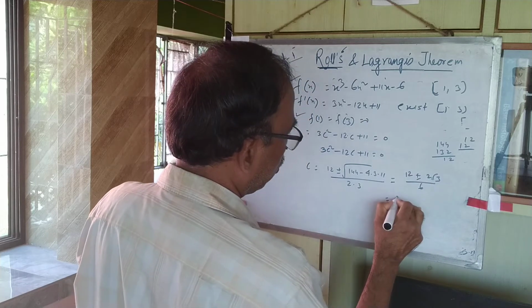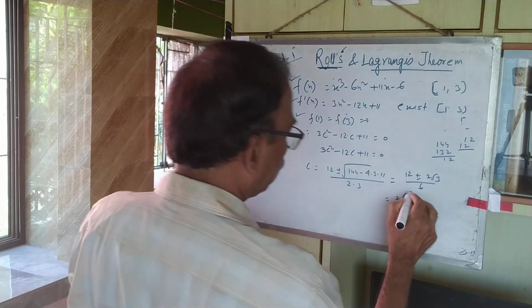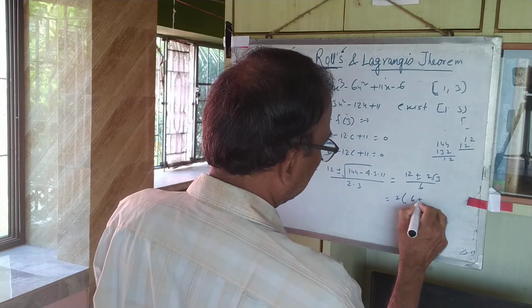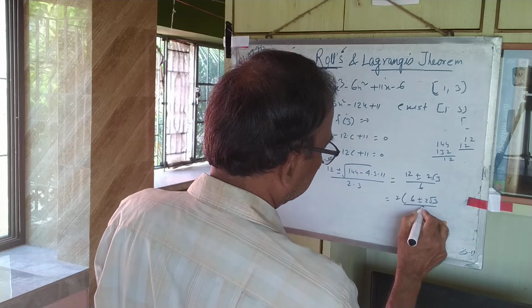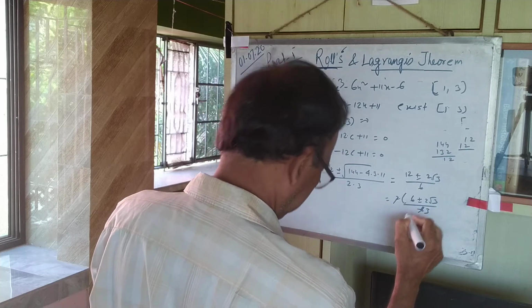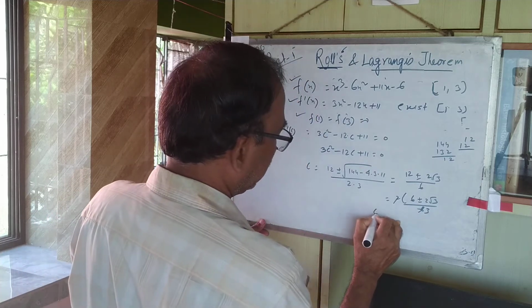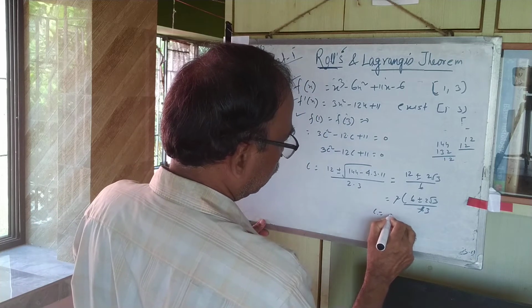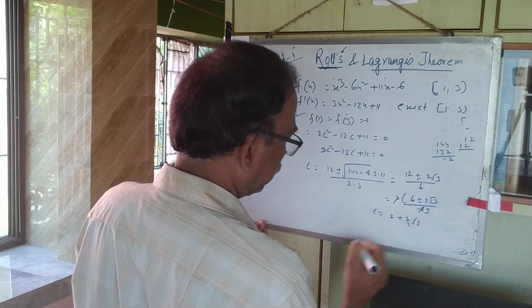We can take 2 common: 2 into 6 plus minus root 33 by 6. So the answer is c equals 2 plus minus root 33 by 3.